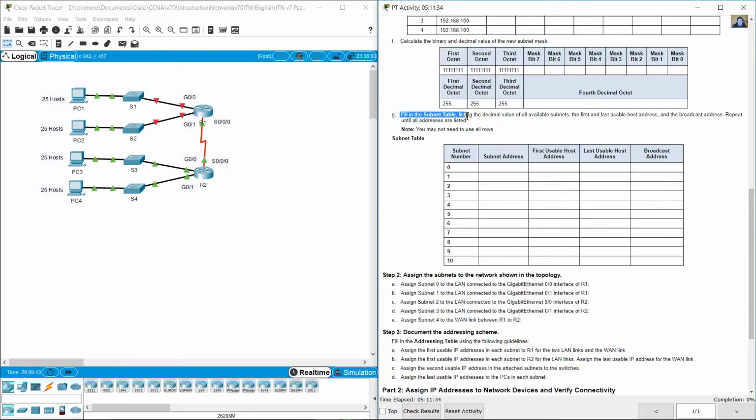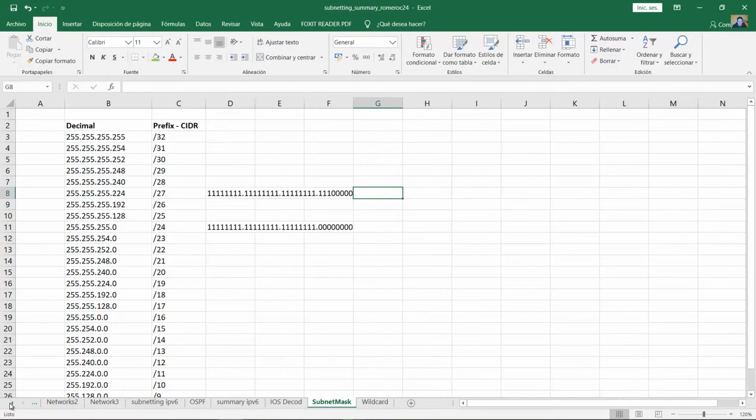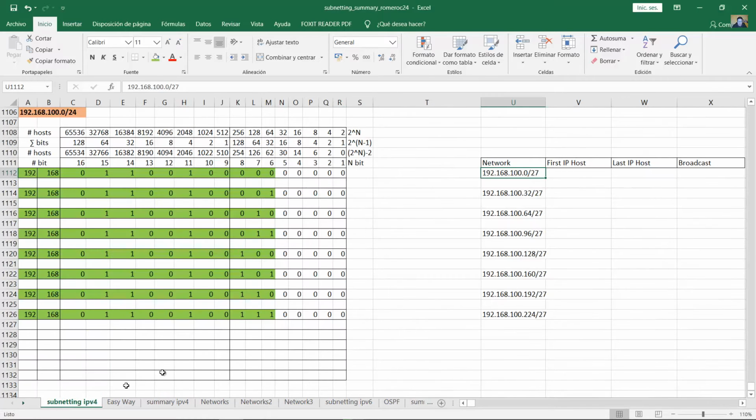Fill in the subnet table. So fill this subnet number: 0, 1, 2, 3, 4, 5, 6, 7. You will fill only from 0 to 7 because there are only 8 subnets. The maximum number here is 111.